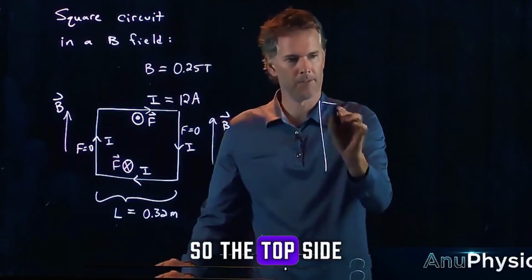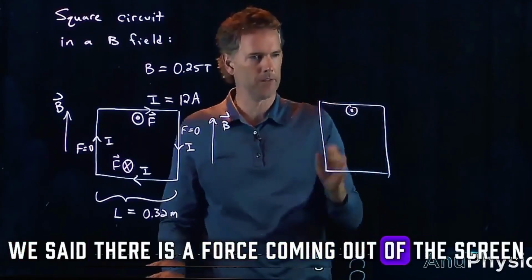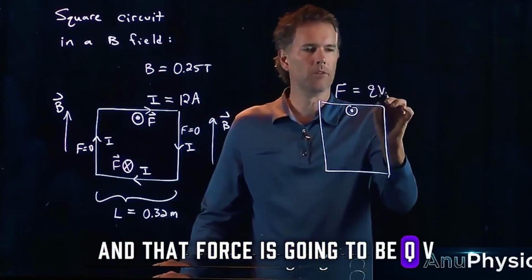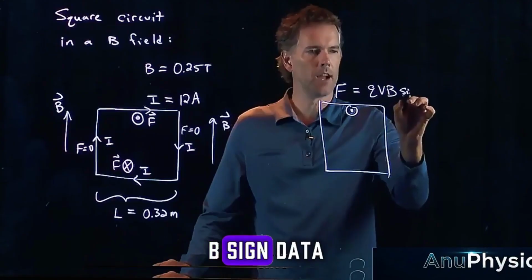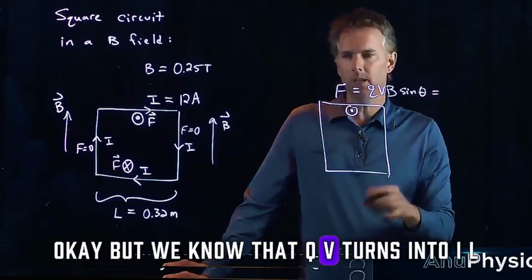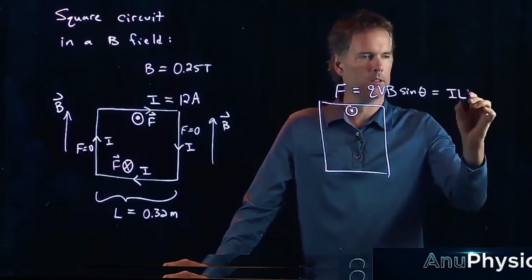So the top side, we said there is a force coming out of the screen, and that force is going to be QVB sine theta. Okay, but we know that QV turns into IL.